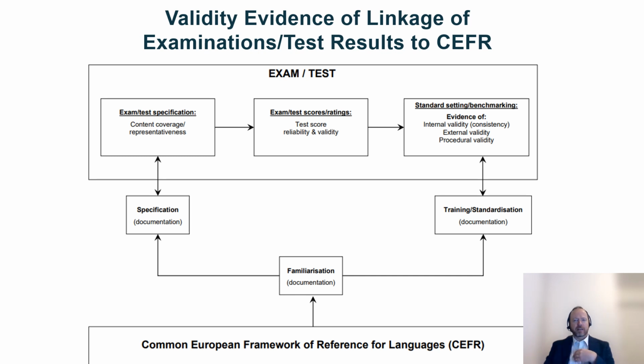I mean, as well as serving a reporting function, these procedures also have certain awareness-raising functions that can assist in further improving the quality of the examination concerned. Okay, and again, there are forms in the manual for aligning tests to the CFR. Specification can be seen primarily as a qualitative method, providing evidence through content-based arguments.